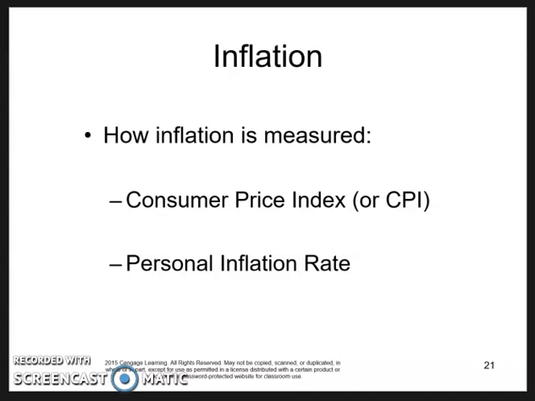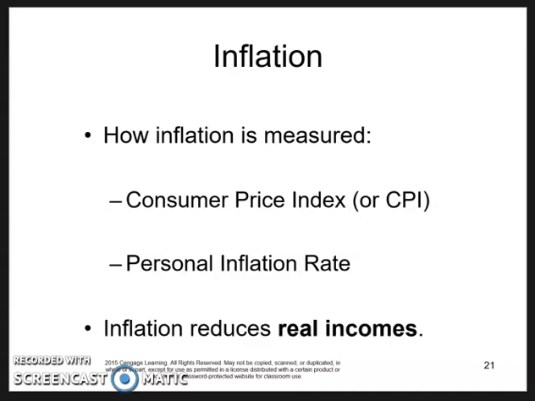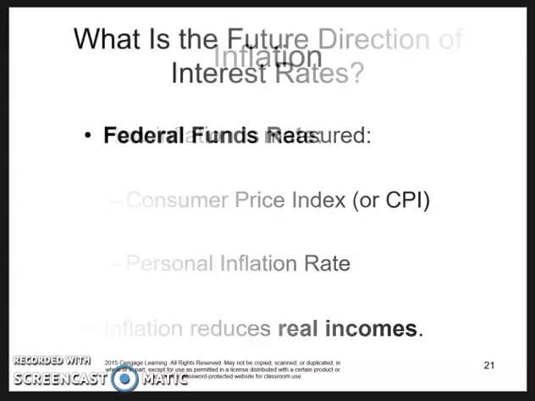So as I said before, inflation reduces real incomes. So what that means is you have less money to apply to your purchases because the cost of those purchases has gone up, and you have to make decisions with regard to how to allocate your money.